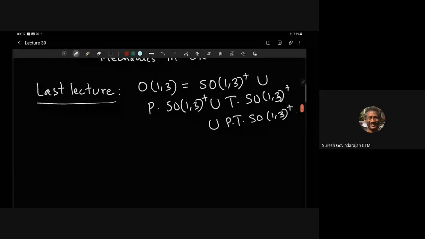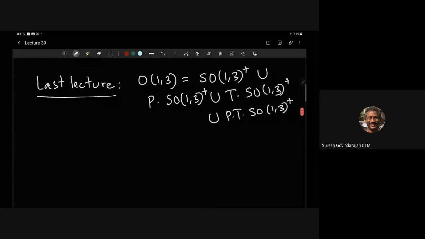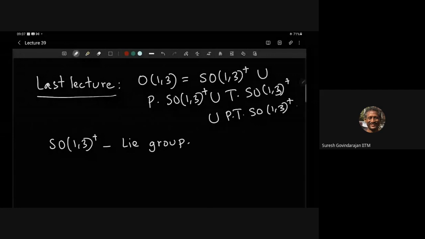We also saw that SO(1,3)+ is a Lie group. O(1,3), of course, is not, but this is a Lie group. So these are simple facts.